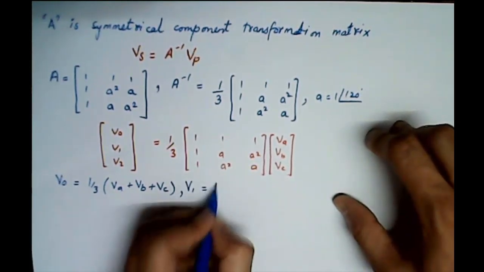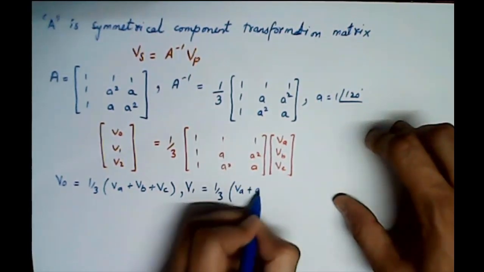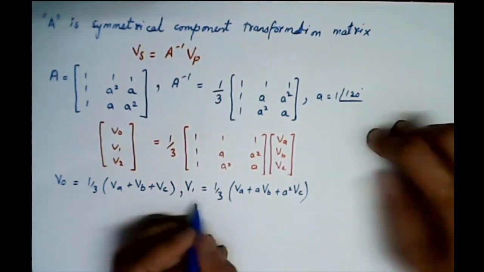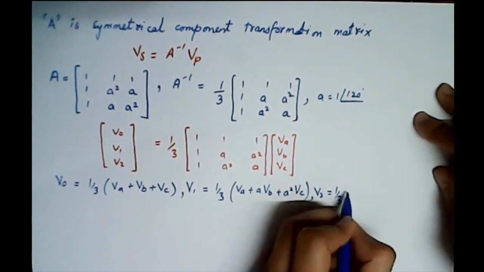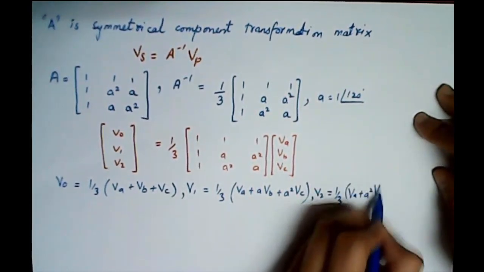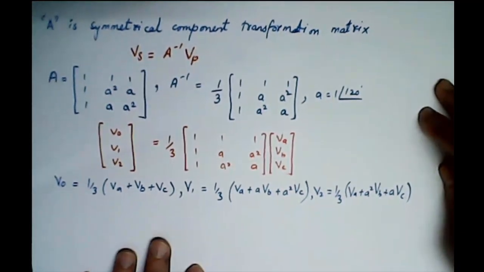V1 is equal to 1 over 3 (VA plus a times VB plus a square times VC), and V2 will be equal to 1 over 3 (VA plus a square times VB plus a times VC).